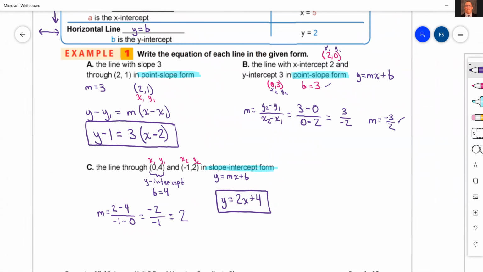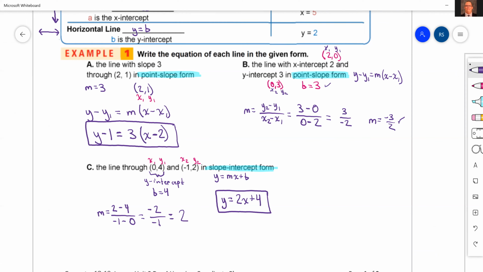We wanted B in point slope form. That's y minus y1 equals m times x minus x1. We're still going to use the same x1, y1, but putting it in the form they asked, not the form I wanted to put it in.